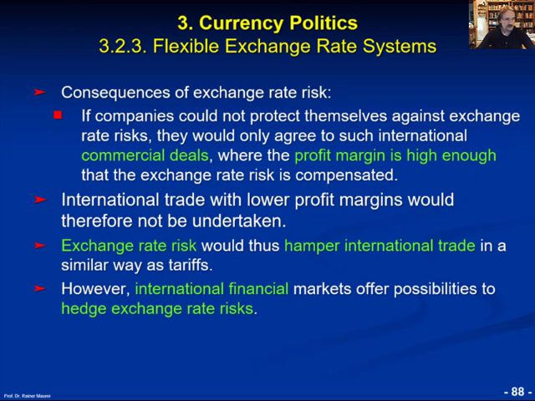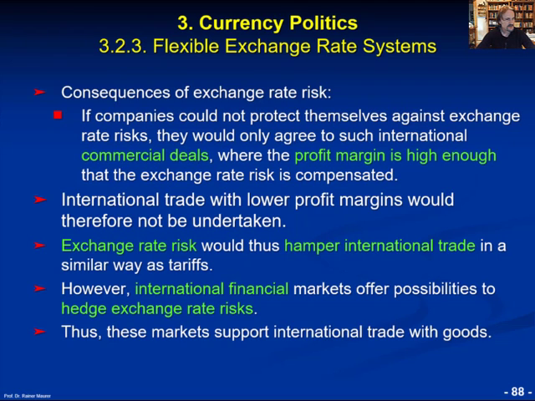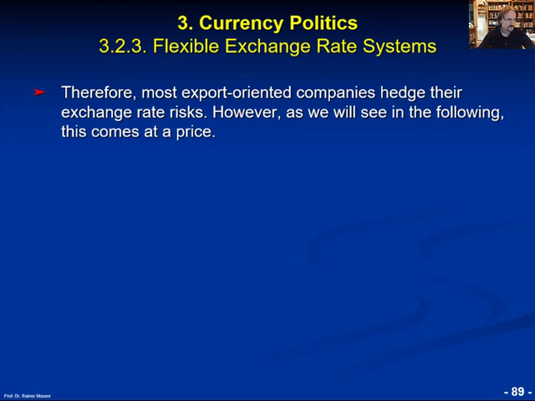However, international financial markets offer various possibilities to hedge such exchange rate risks. Thus, these markets support international trade with goods and services. Therefore, most export-oriented companies hedge their exchange rate risks.